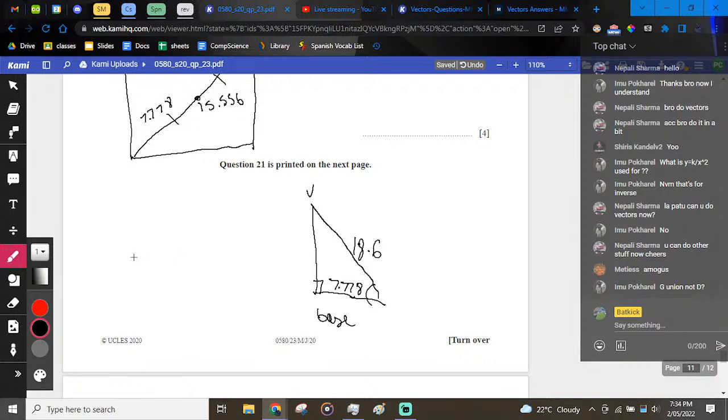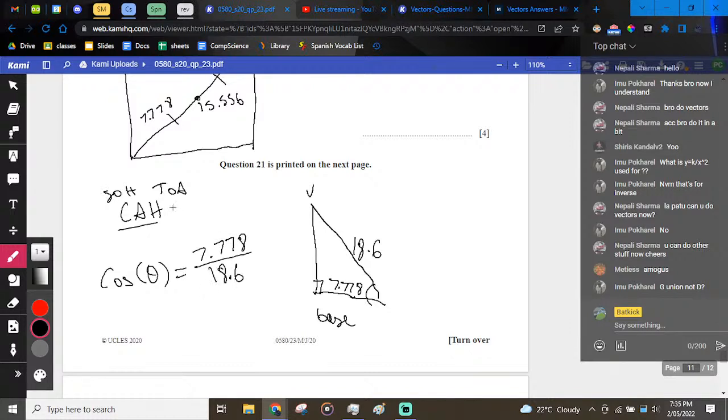What are we going to use? Cosine, because we have an adjacent and we have a hypotenuse. So cosine of angle x, you could call it theta for formal purposes, equals adjacent 7.78 over 18.6. Theta is inverse cosine of the whole thing.